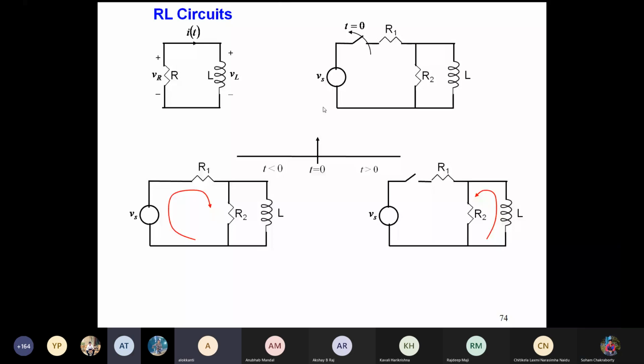Sir, can you please explain the top left figure? That is the figure I wanted to come to at the end, but the point is that there can be a situation where a resistance and inductance can be connected this way. And once they are connected and if there is any amount of energy stored in the inductor, there will be a current through that circuit.